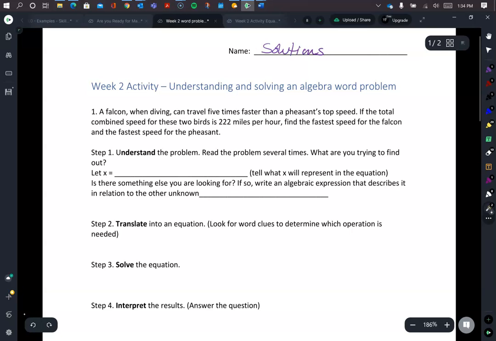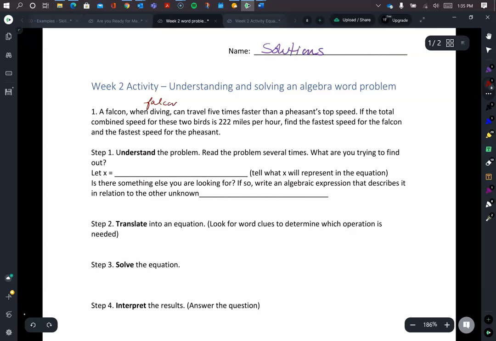And we also know that the falcon can travel 5 times faster than the pheasant. Falcon when diving, that's as fast as he's going to end up going. So what are we trying to find out is the other thing, right? So one thing we can do is jot down some notes.